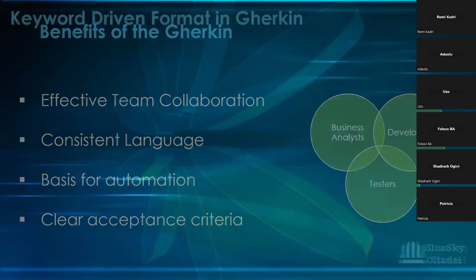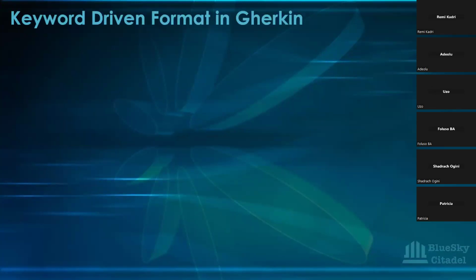So before we get into the keyword driven format of the Gherkin, well, let me not ask questions, because if I throw questions out, I know everybody will ask questions. But can somebody just tell me, from all that I've said so far, when you think of the user story that you have written this sprint, and you think of all the things that I've just said, can you see how this session will improve your user story next time?